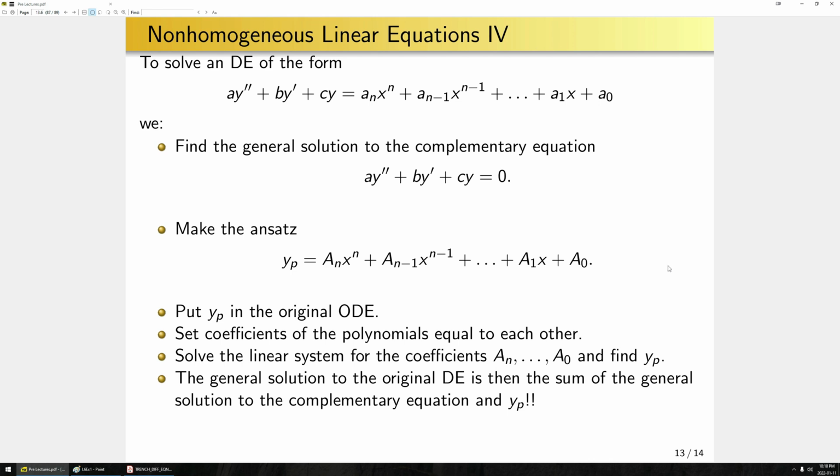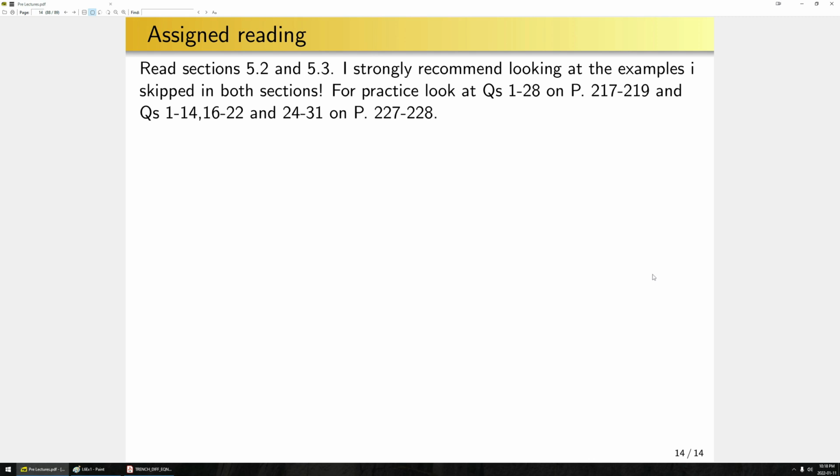Okay, so I want you to read sections 5.2 and 5.3. I strongly recommend looking at the examples that I skipped for both sections. In particular, in 5.2, they give examples of those 3 different cases where I have 2 real roots, 1 real root, or a complex conjugate pair of roots.